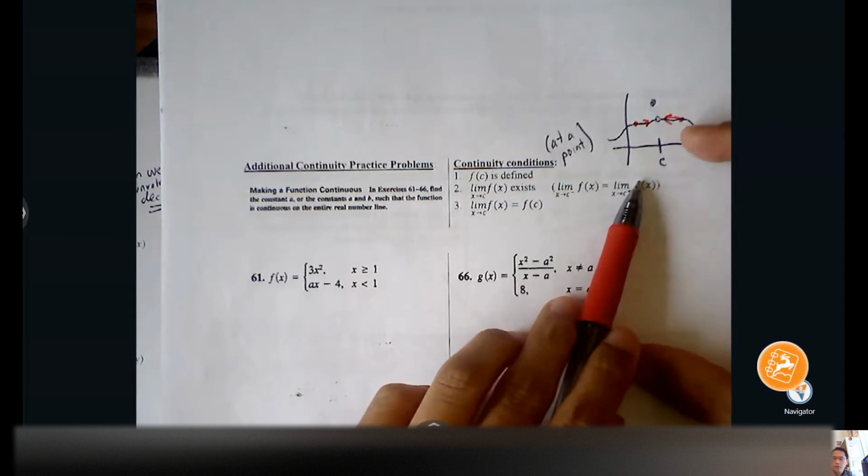So here the point exists, the limit exists, and now the third question is, does the limit equal the value where the point exists? And here, this would fail, because there's an obvious discontinuity. That hole is not getting filled in by that point.